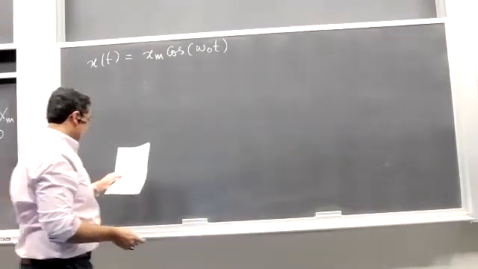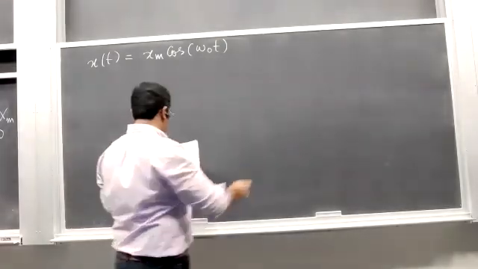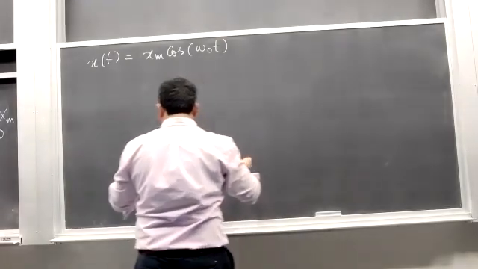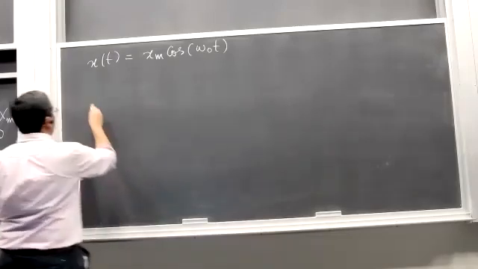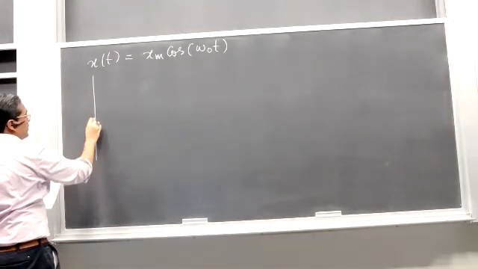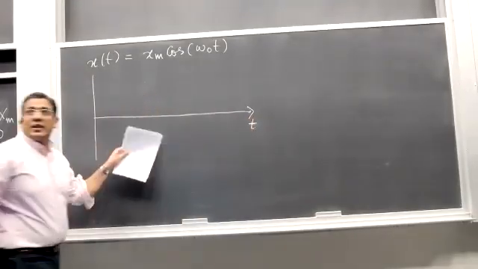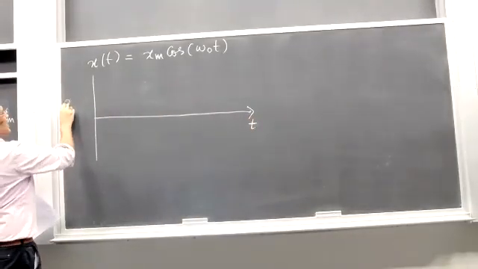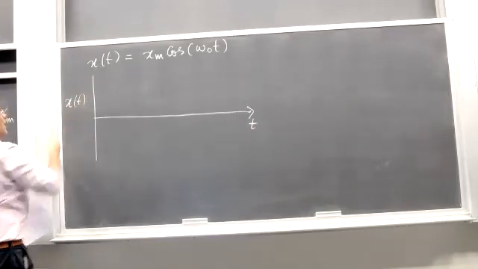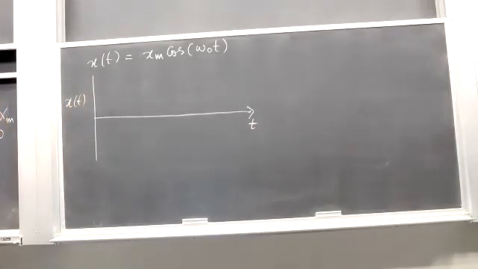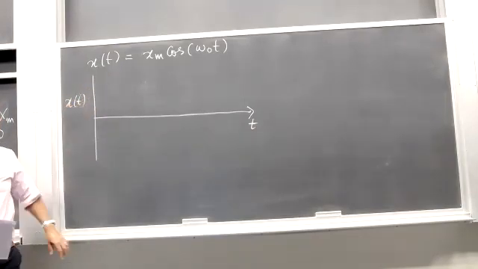Okay, and now let me try to plot this. This is t and this is x of t. So where are we on this graph when t is equal to 0?